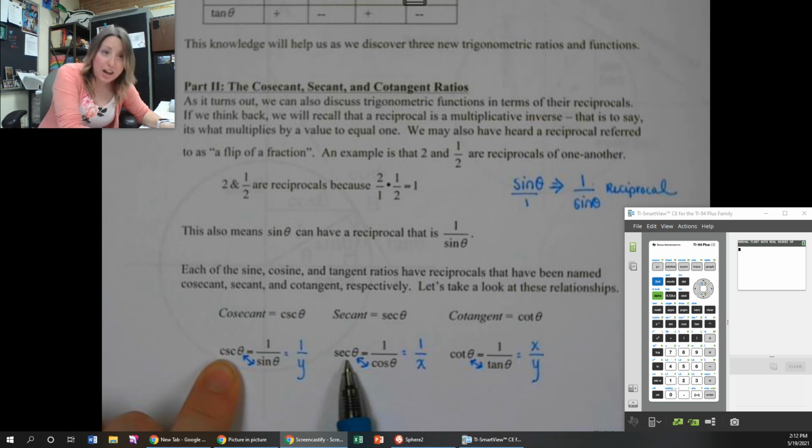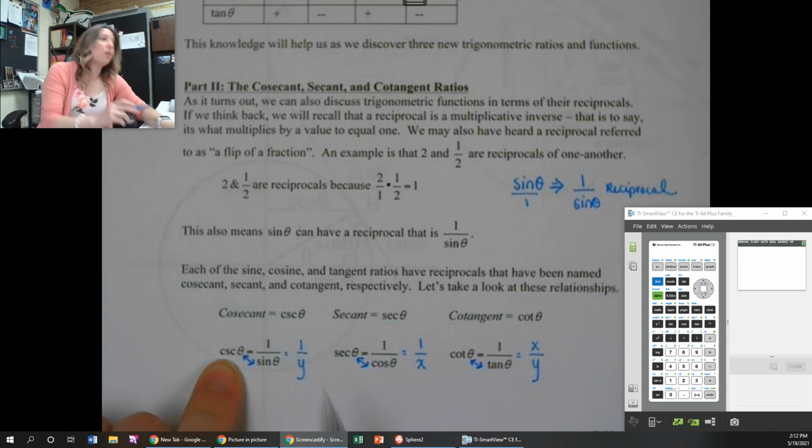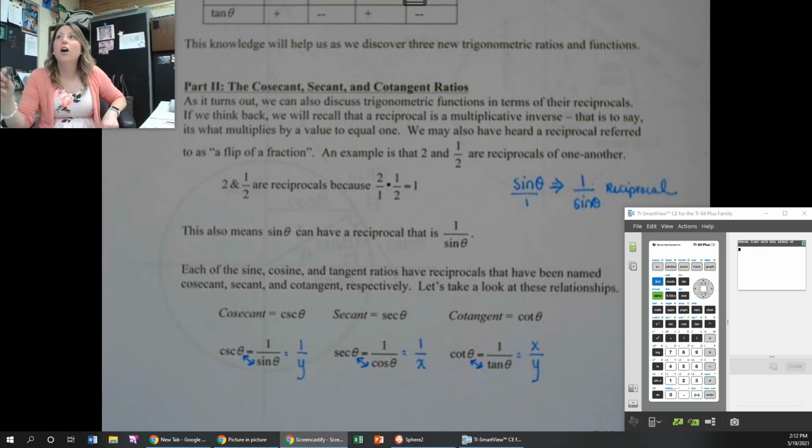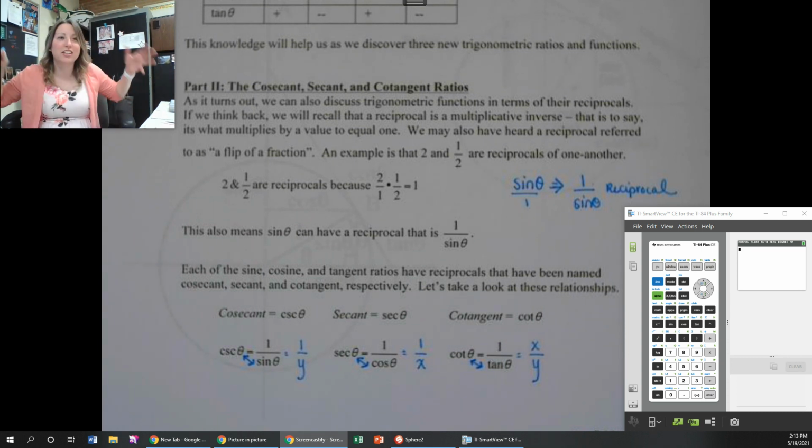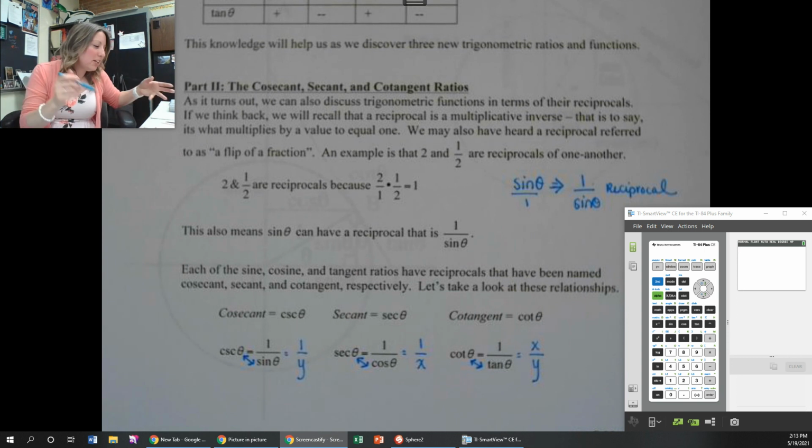These are the opposite graphs of sine and cosine. Sine and cosine have the hills and valleys that keep going and going. Well, cosecant and secant, when we look at these tomorrow in function form, are just a hill, a valley, a hill, a valley, and tons of asymptotes in between.